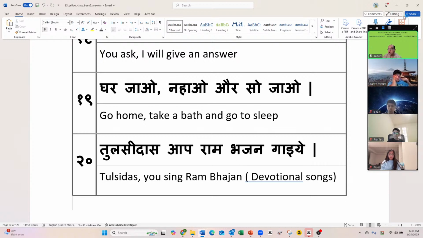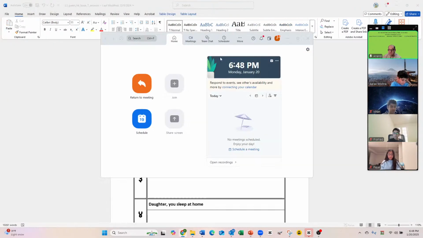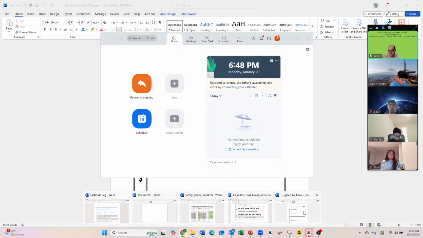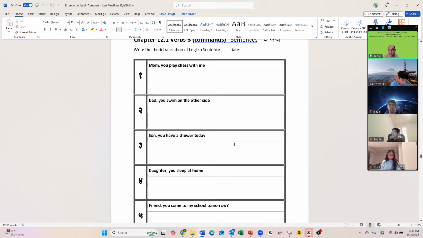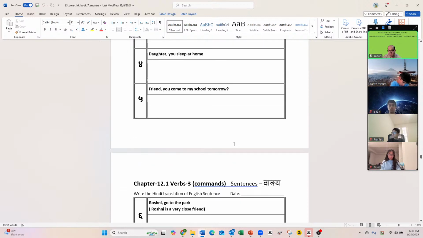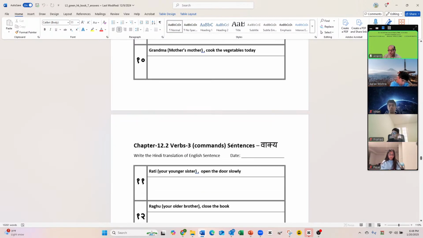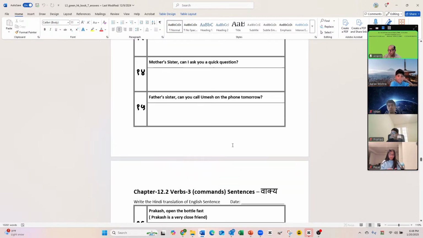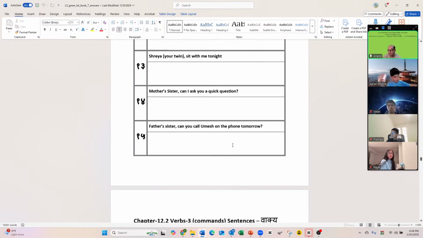Homework for this week. We have done this command format from Hindi to English. Let me show you the green book, chapter 12.1. Here we have similar sentences in English, and you are going to translate all these 4 pages into Hindi. That will be the homework for next week.